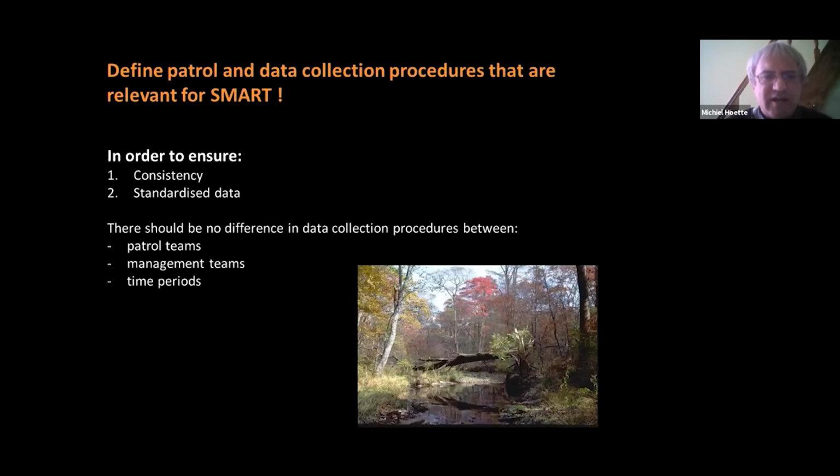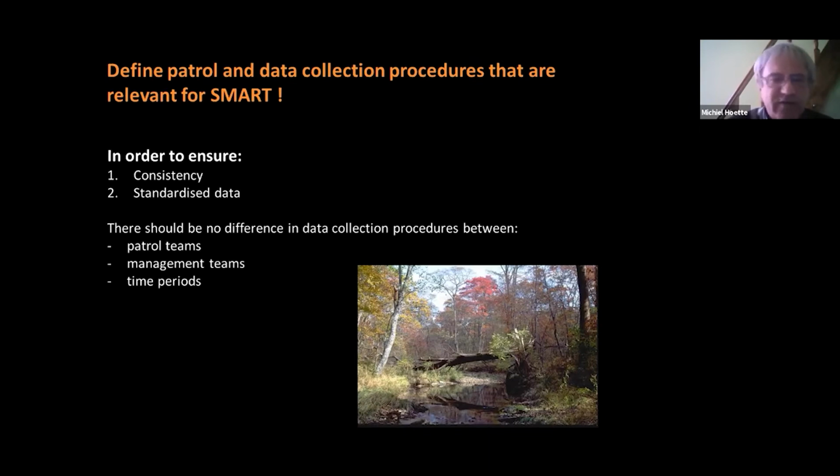Something that I have the impression is sometimes forgotten when you design a SMART system: you really have to spend time on designing all the procedures for data collection in order to ensure consistency in the way data are collected, that they're standardized data, meaning that there's no difference between patrol teams, between managers, or different time periods in the way data are collected.